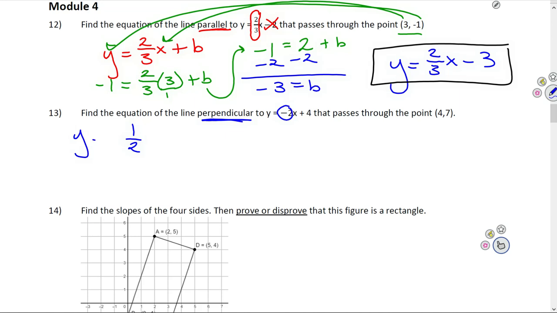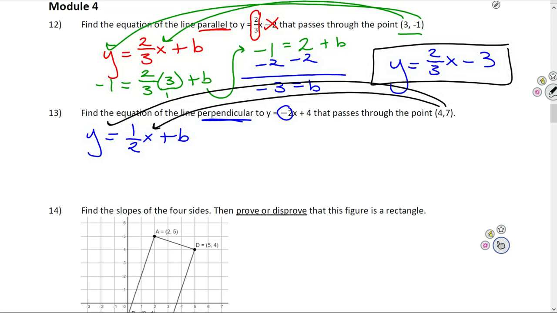So y equals 1/2 x plus some b value. It is very similar to number 12. I now need to find the correct y-intercept. So I will plug in 4 for x and 7 for y, and I get 7 equals 1/2 times 4 plus b.